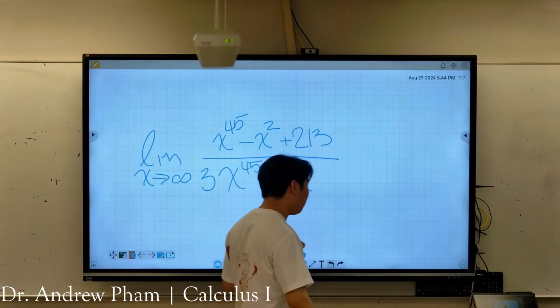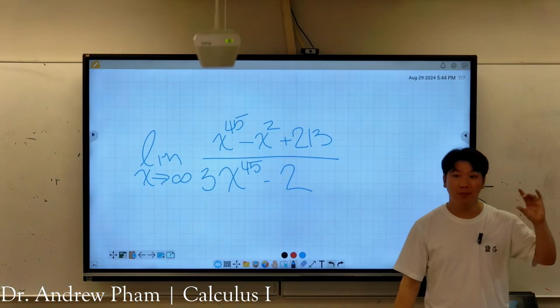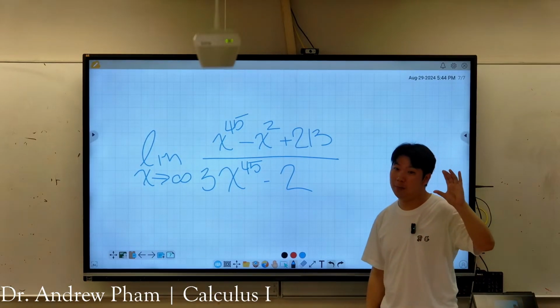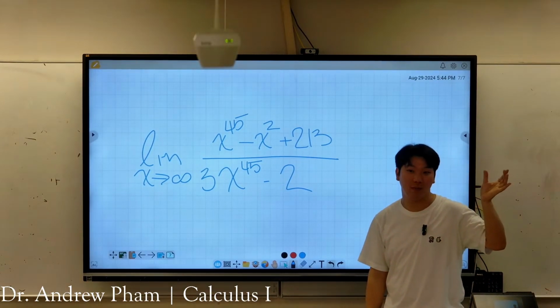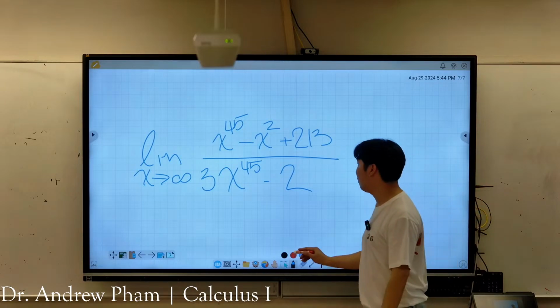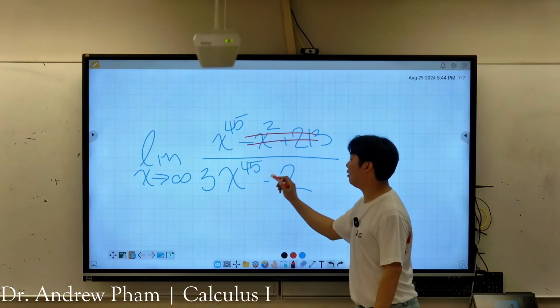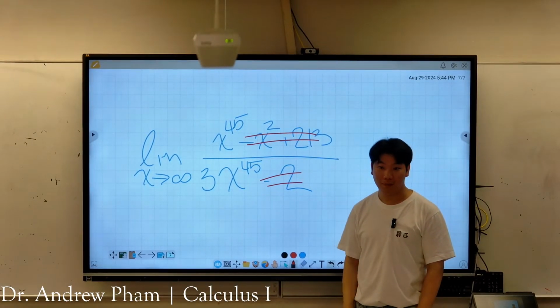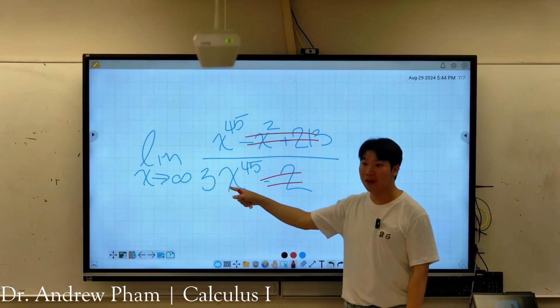So let's talk about this. Would y'all agree the top is a polynomial, the bottom is a polynomial? What did I say about polynomials? We can ignore the lower order terms, right? In a sense, I can ignore this. Can I simplify what's left over? 45 over 45, what am I left with?